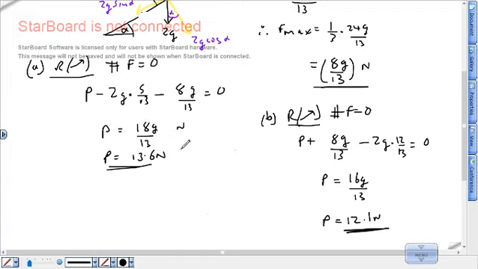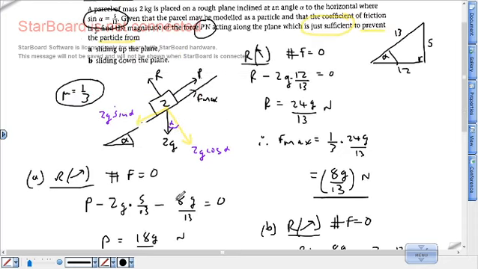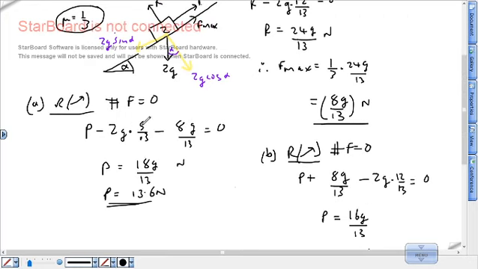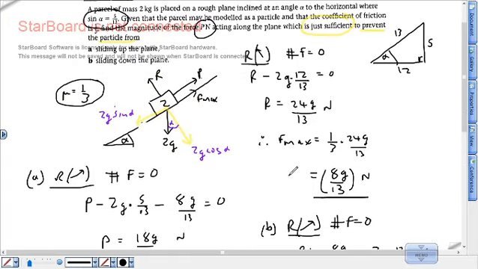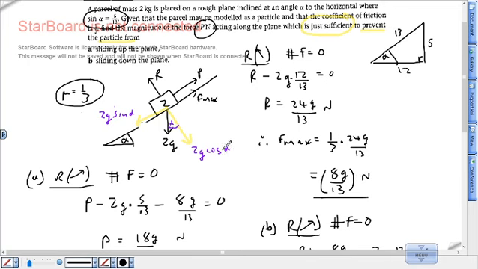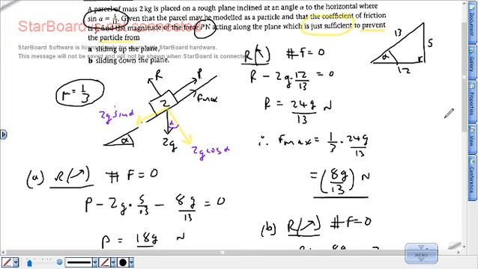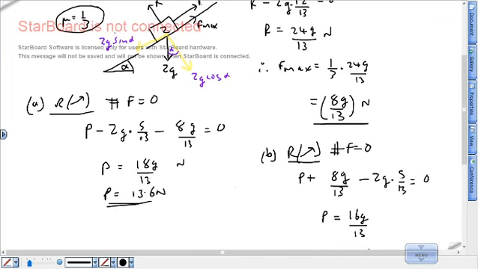Okay, just checking this one last time, going up the plane, that's 8g, the friction max, 2 times that. I used the right thing here, it is sin. I knew I'd done a mistake here, that's why I'm coming back to it. It is opposite, it's 5 over 13.